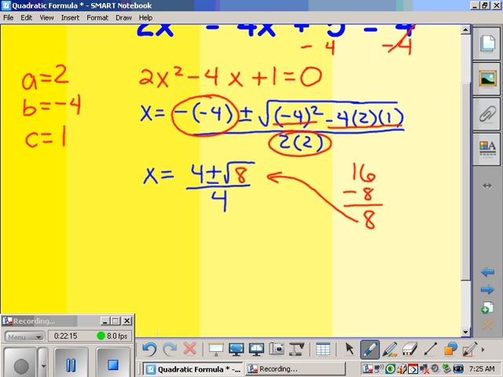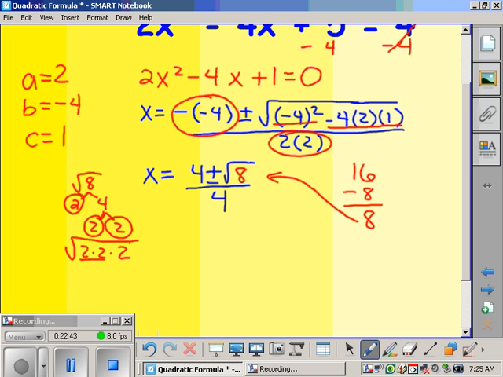Okay, and that went under our radical. Now, the reason why this one requires a little more work is two reasons. Number one, when you have a number under a radical that can be simplified further using a factor tree, you must do that. So look over to the left, and I'm going to go ahead and do a factor tree for 8. So I'm going to get 2 times 4. I'm going to circle my prime numbers. And then for the 4, I'll break that up into 2 and 2. So that gives me three 2's.